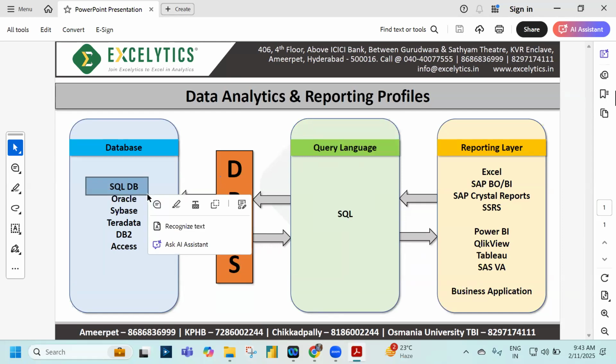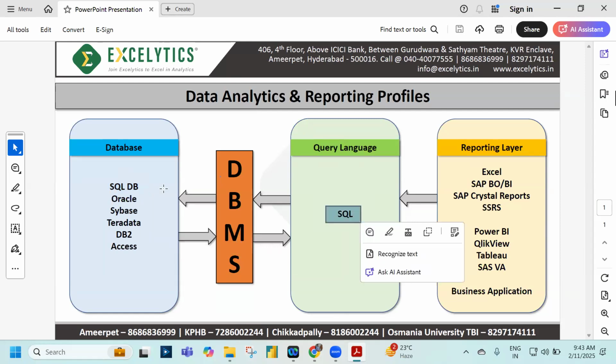A simple example would be, your database may contain the last 10 years of data, but as a reporting analyst, you may not need to analyze all 10 years of data. You just need to analyze only the last 6 months of data. That means you should be able to write a SQL query. Though your database has 10 years of data, you should restrict the data extraction only to the last 6 months.